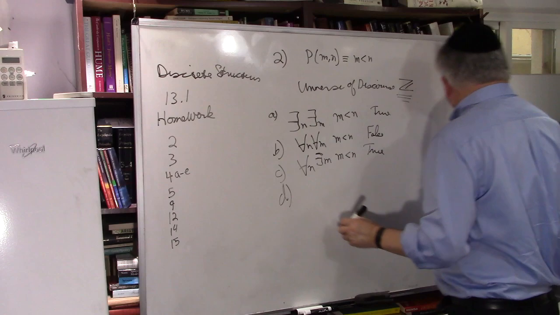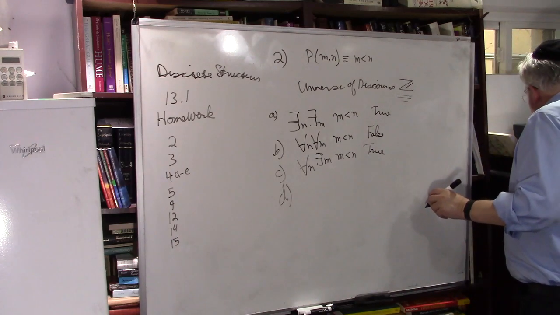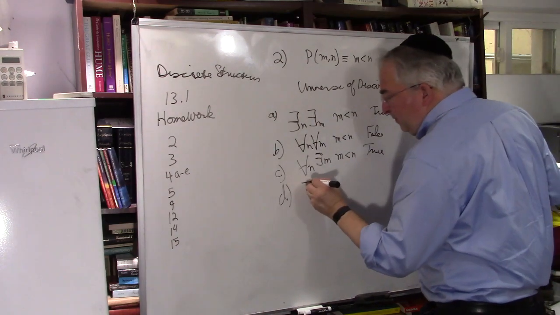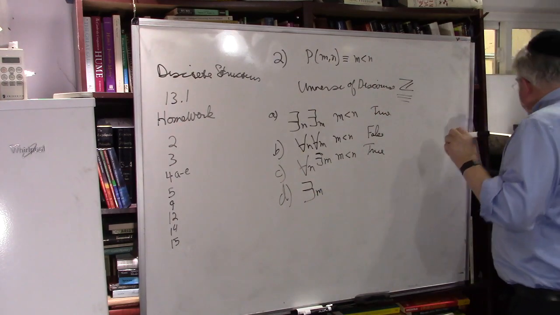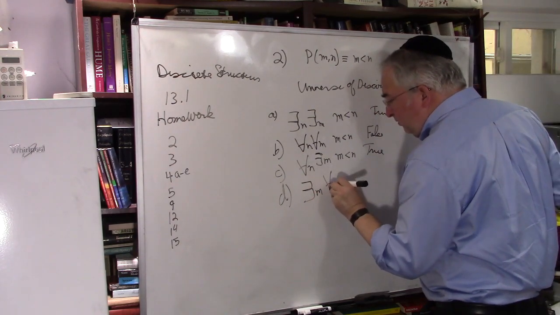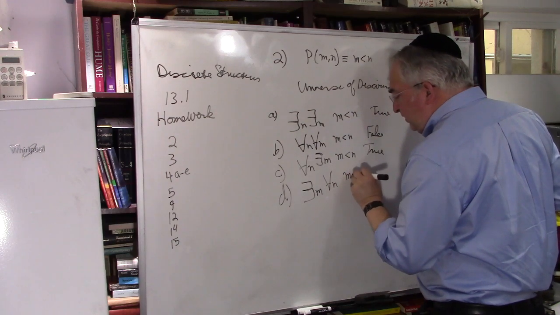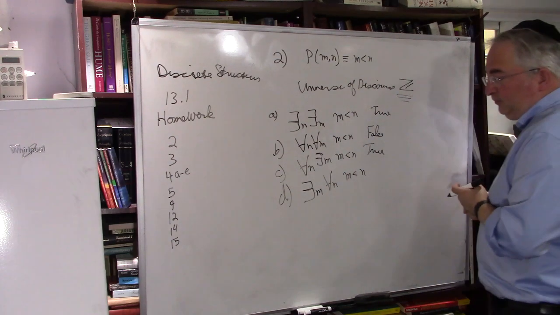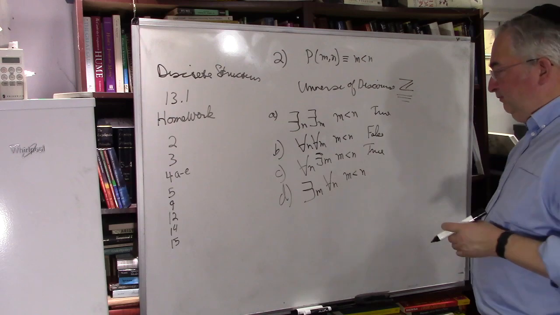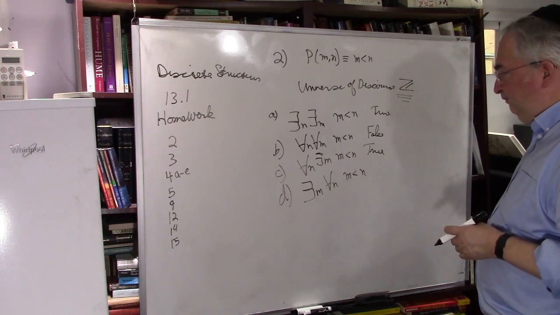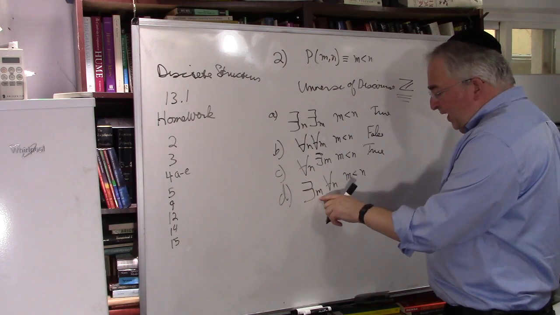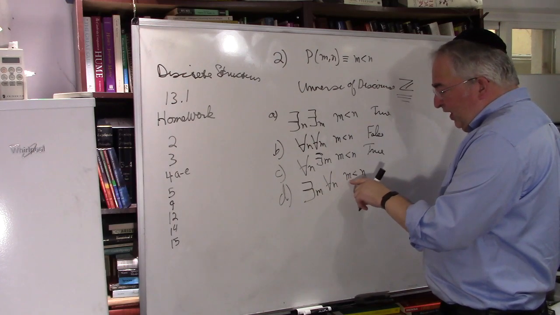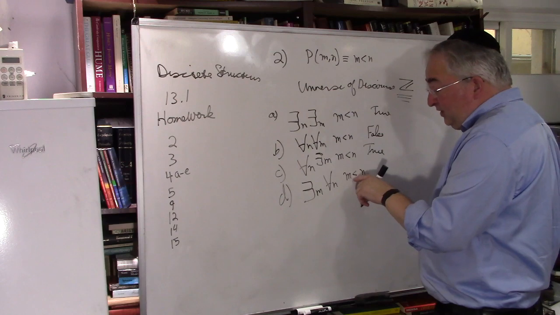Okay, good. D. There exists an m such that for all n, m is less than n. Is this true? Is there some m such that every other number is greater than it?